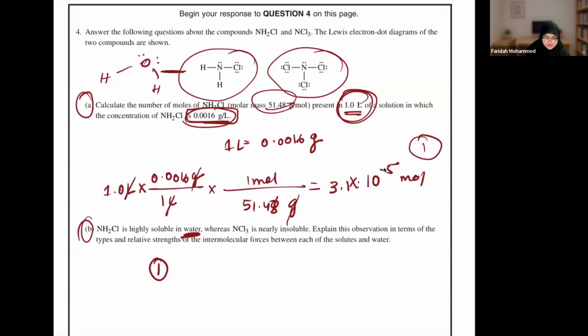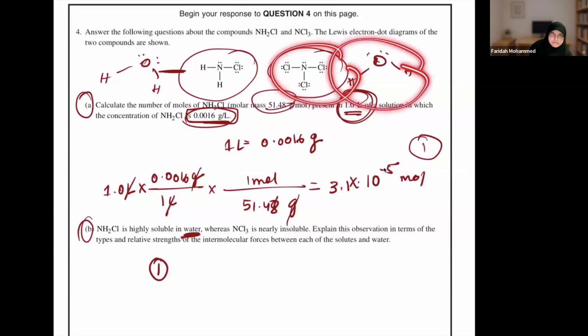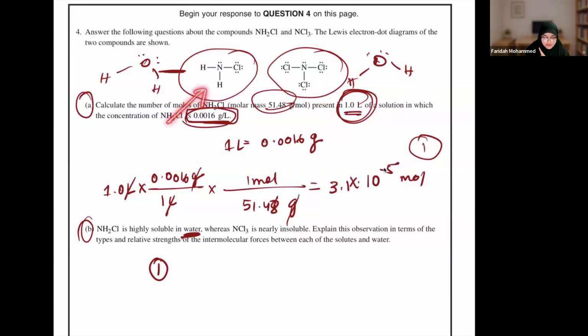Think about how these two interactions will happen. Let's say you have another water here. Think about how these two interactions would happen. Okay, so for the first point, you want to mention the correct IMFs in both of these.